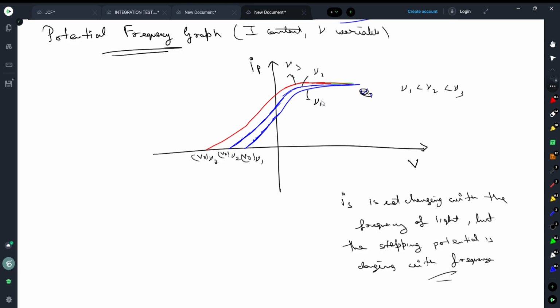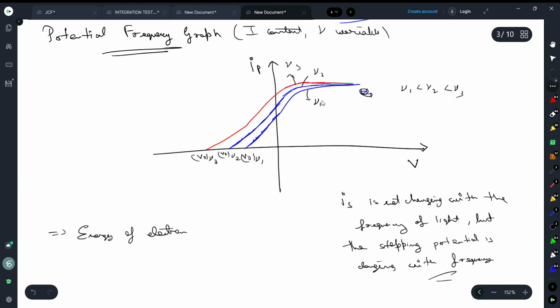What does that imply? That basically implies that the energy of the electron emitted due to the falling radiation is dependent on the frequency of light.